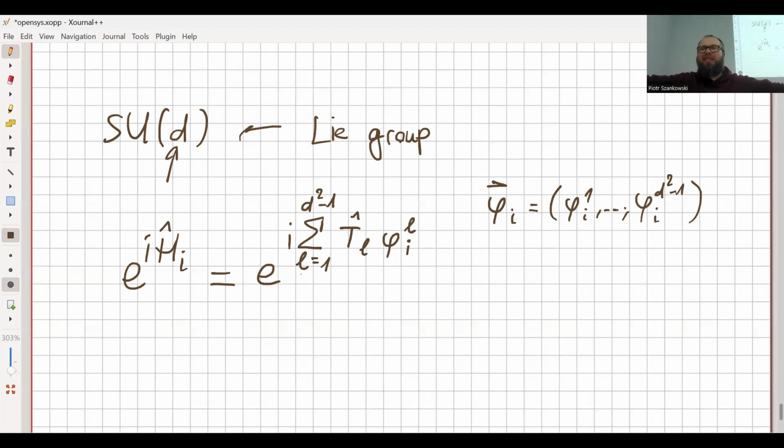For dimension 1, that would be a circle, so a coordinate on the circle. And these V_l are generators of the group, so this is also a vector of Hermitian operators.